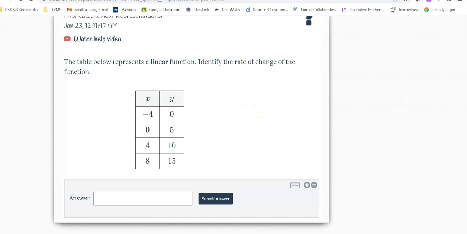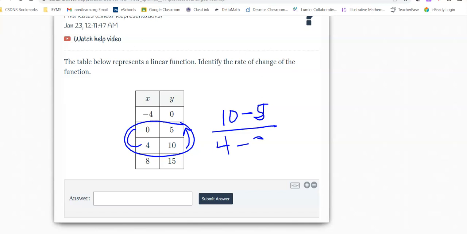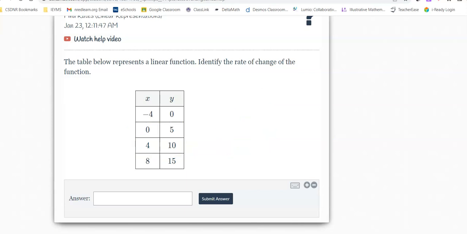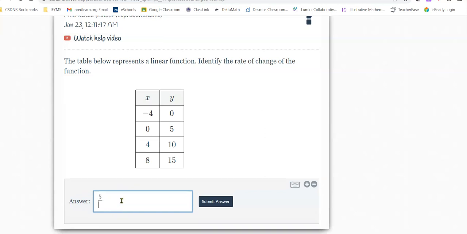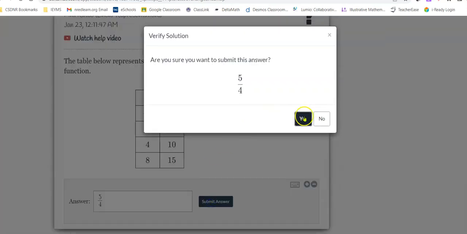Let's do that again. Find some perfect corner points if you're looking at a graph. And over here, you just need to pick any 2 points you want. Y minus y over x minus x, 5 over 4. That's it. Pick any 2 points that you want. Y minus y over x minus x.